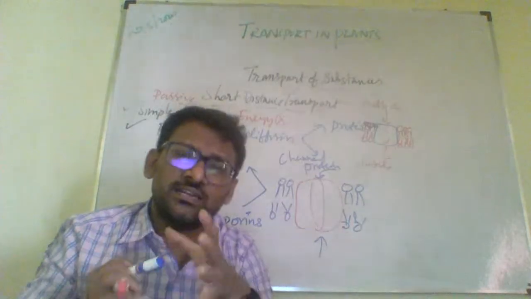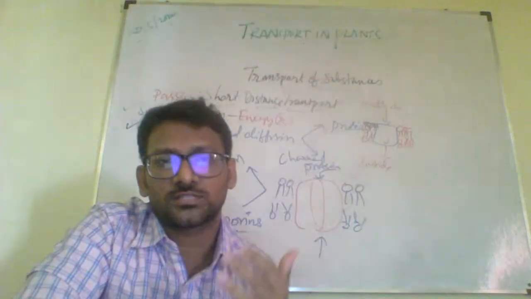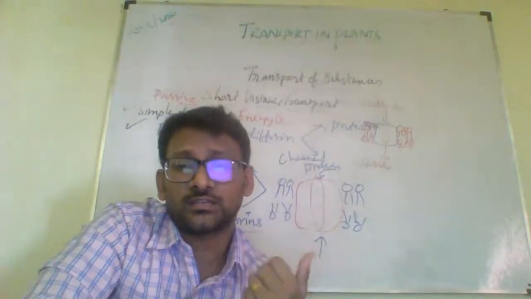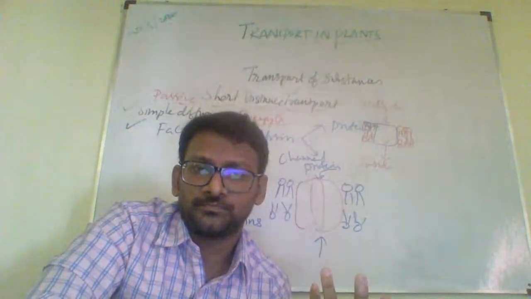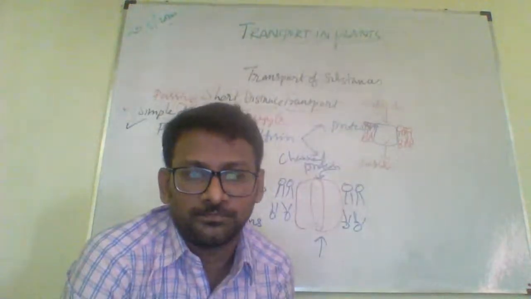It is highly impossible for a molecule to just pass through the plasma membrane, because these are all hydrophilic in nature. Is that clear? So with this we completed passive transport.